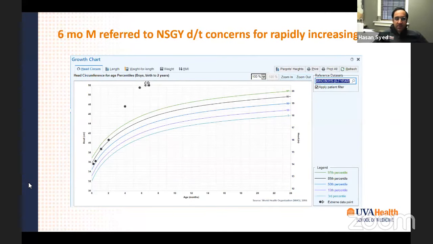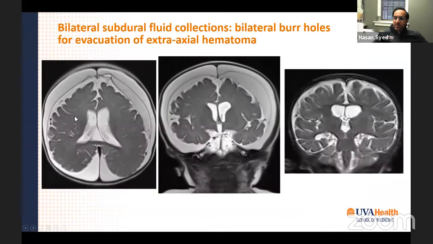Another child, a 6-month-old, due to concerns for head circumference, really was at the 50th or so percentile, but rapidly went up. And this was very concerning. So we got imaging studies, and you can see here that there are a lot of fluid levels within the extra-axial spaces. This in and of itself is concerning for something called non-accidental trauma or child abuse.